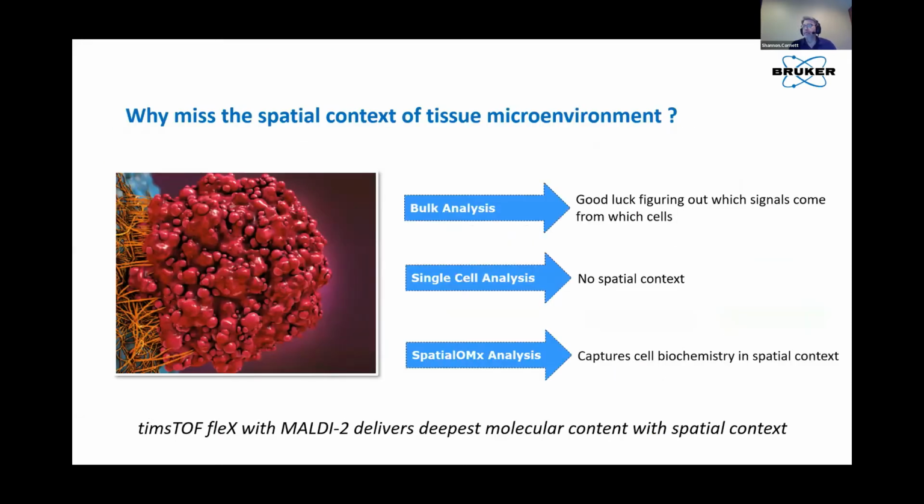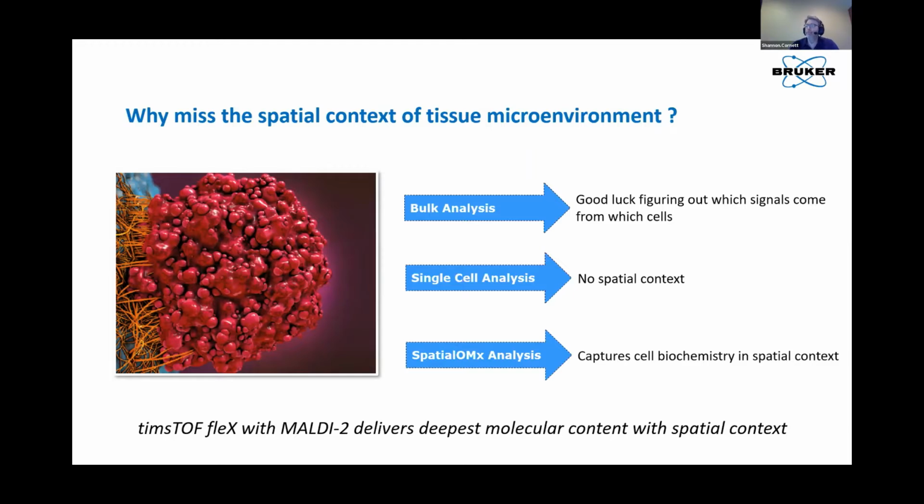And so just as a quick summary, the whole point of spatial omics is why miss the spatial context of tissue microenvironment. With the bulk analysis, the traditional omics analysis, grinding up the tissue and injecting it, you get signals from all cells, and then you have to sort out which signals came from which cells.